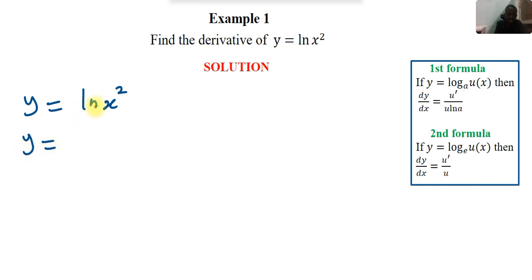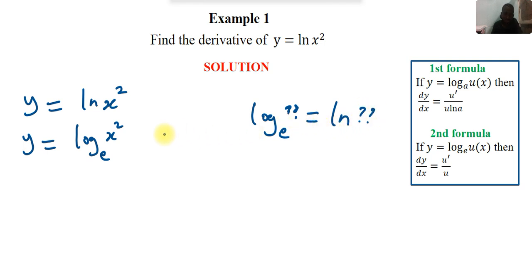If you have ln x squared, you can rewrite it as the log x squared base e. Don't forget your ln is representing the natural log. What I mean by that is, if you have log of anything to base e, you can simply write it as ln of that thing.